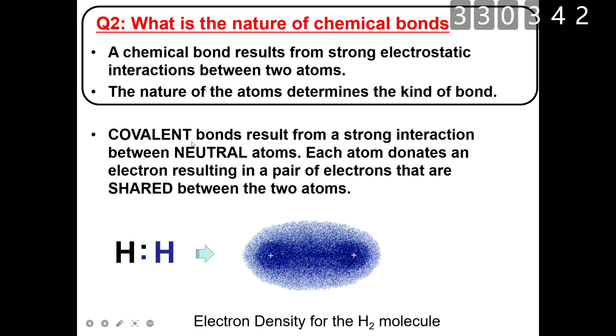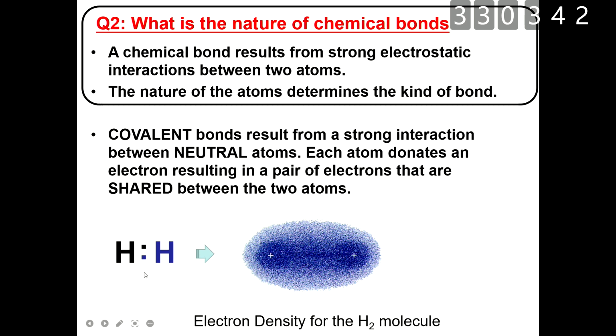So basically, covalent bonds result from a strong interaction between neutral atoms. Each atom donates an electron, resulting in a pair of electrons that are shared between the two atoms.